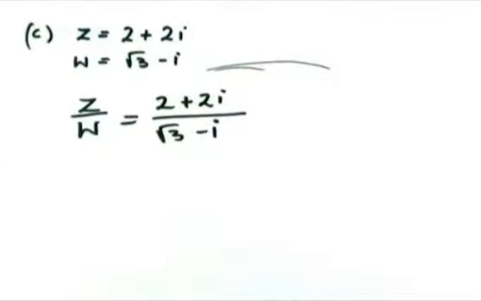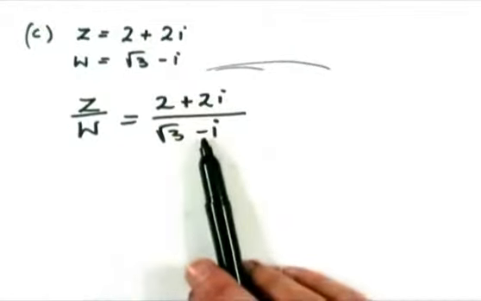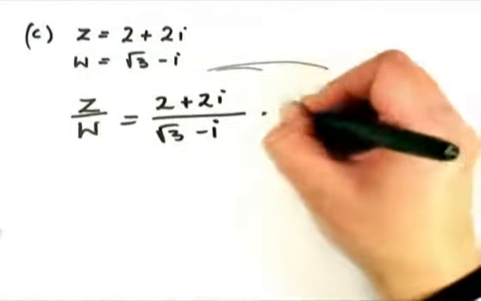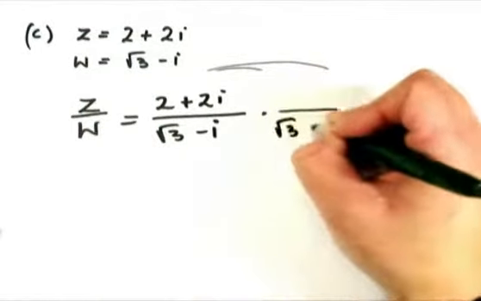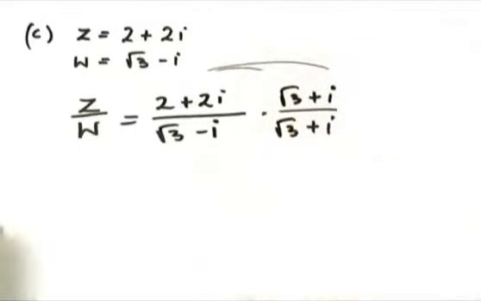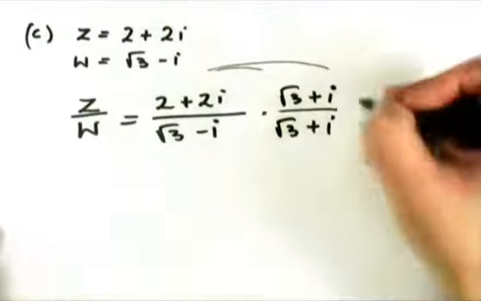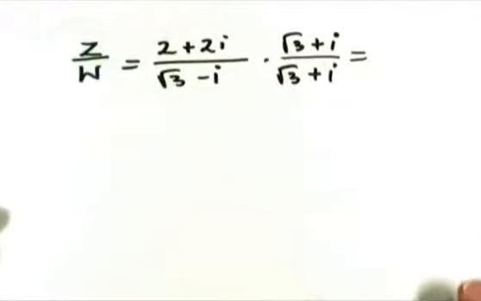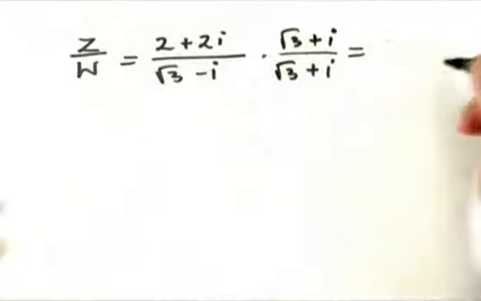In that case, to perform this, we're going to multiply by the conjugate with plus, so we can cancel out that stuff. So multiply times root 3 plus i over root 3 plus i. Then we're going to write this down.